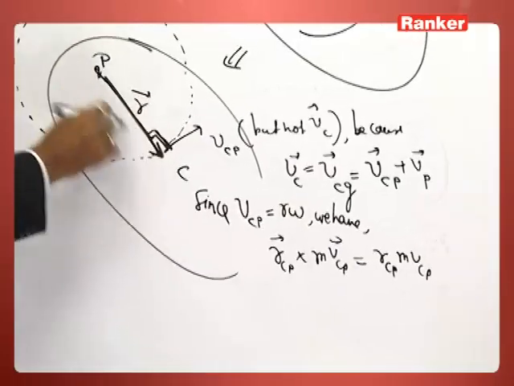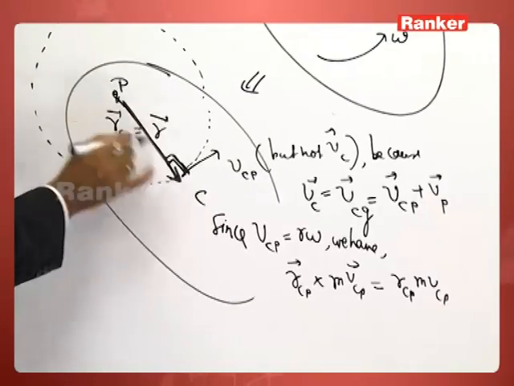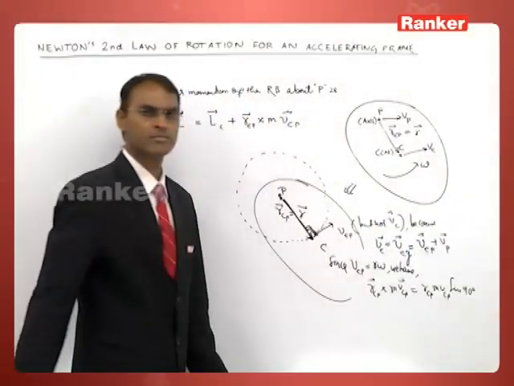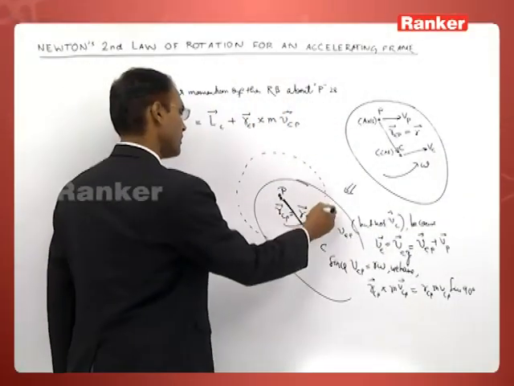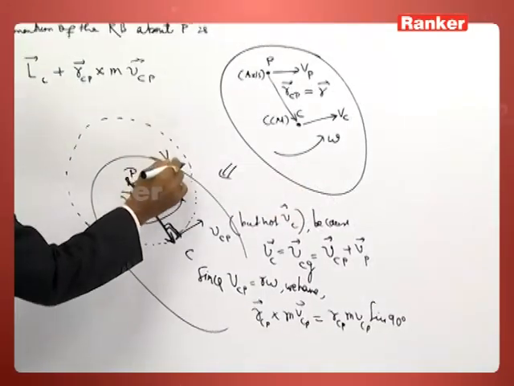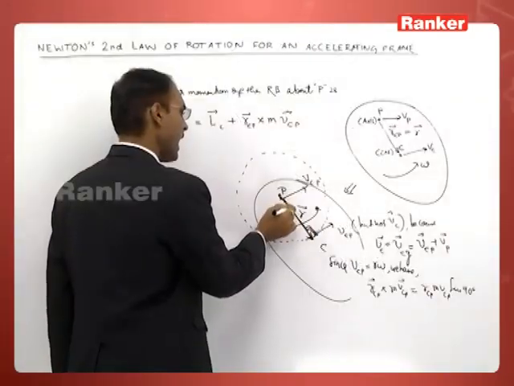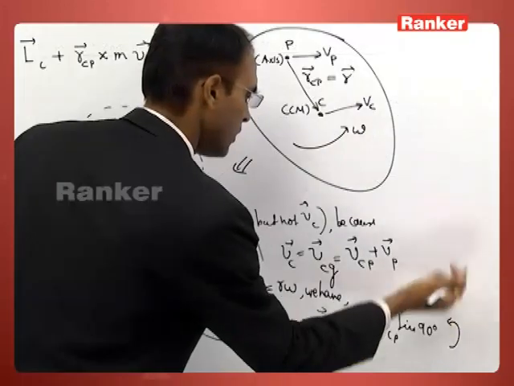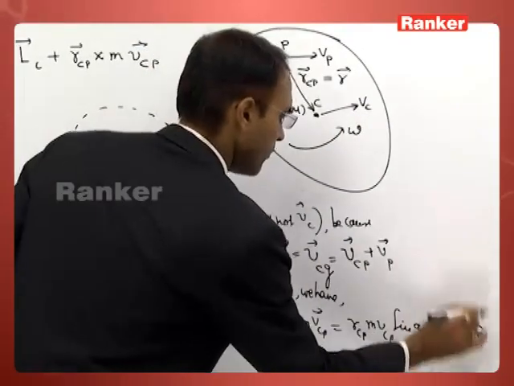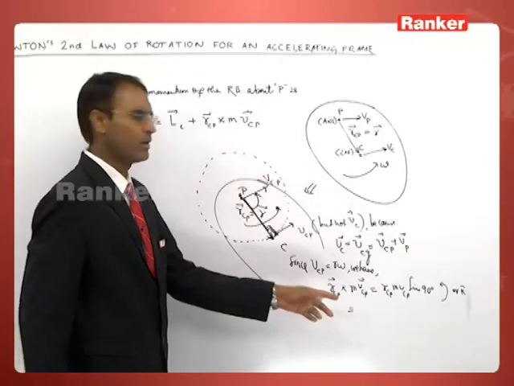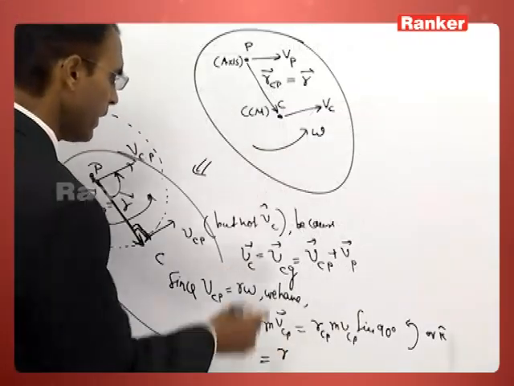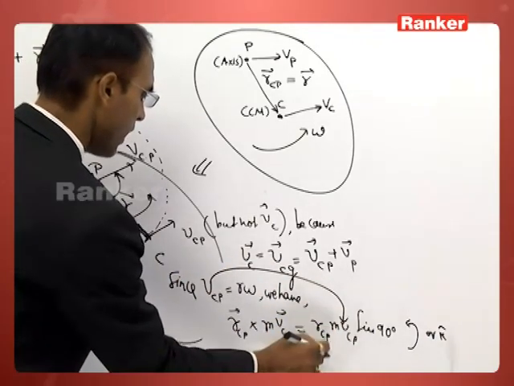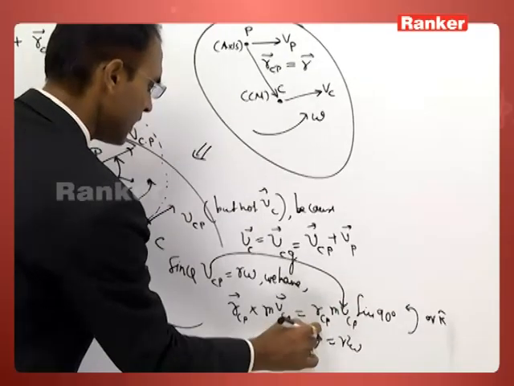The angle between these two vectors is 90 degree, sin 90 degree. And the direction: this is VCP, this is RCP, RCP cross VCP, that is outward or anticlockwise or positive. RCP is R, VCP is R omega, sin 90 is 1, that is R square into omega, whose direction is k cap.